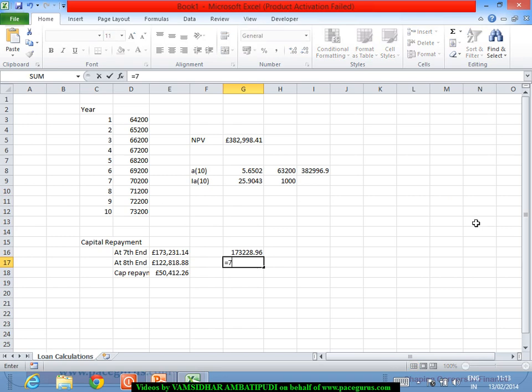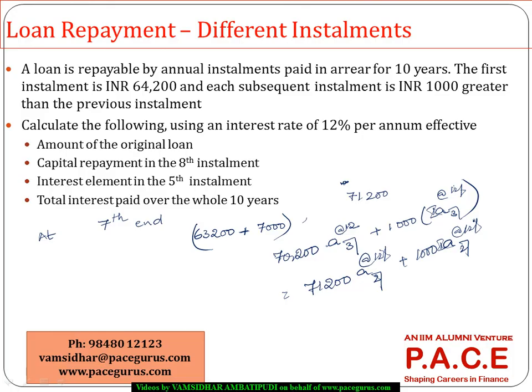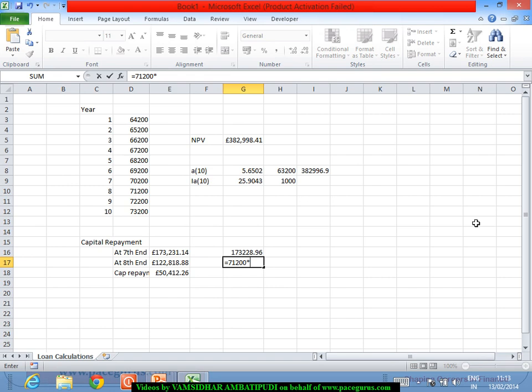So this will work out to 71,200 multiplied by A2. In this case A2 is 1.6901 plus 1000 times IA2. IA2 is working out to 2.4872. So this is coming out as the outstanding at the end of 8th period.